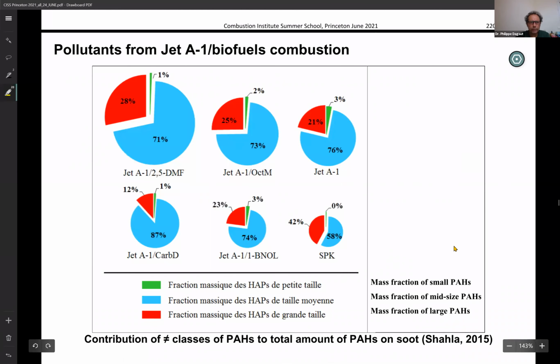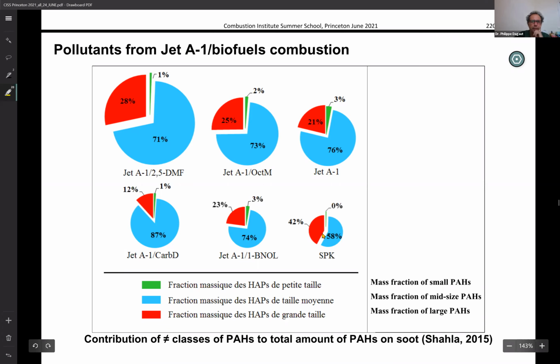And we looked at the different classes of PAH. So we used 3 different classes: small PAH, mid-sized PAH, and large PAH. And we can see that the distribution is also changing with the fuel. The size of this disk here represents the quantity of PAH that we could collect. So this one is the biggest one, and SPK is the lowest.